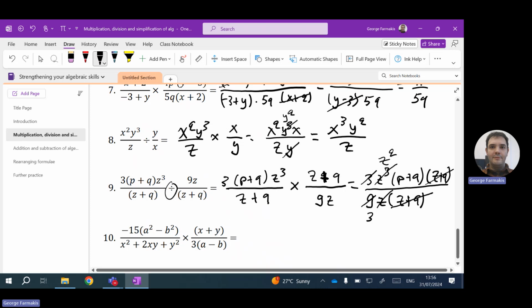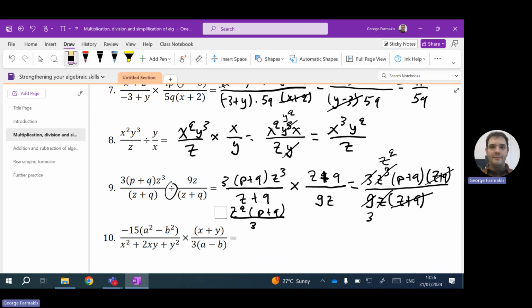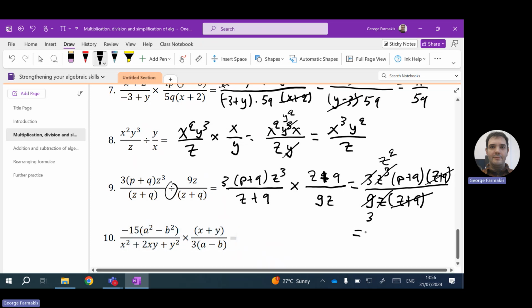So this is equal to z squared p plus q over 3. So this is the result. Let me write it here. So this is equal to z to the square p plus q over 3.